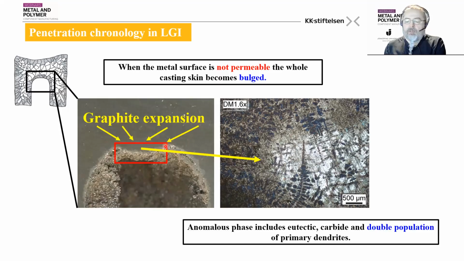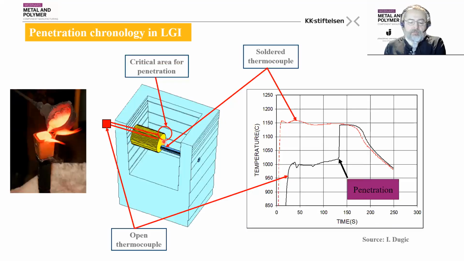For the colleagues in Swedish foundries, I can name the expression formtagning is the right expression. So just the last picture, where I would like to show how this metal expansion penetration was demonstrated.